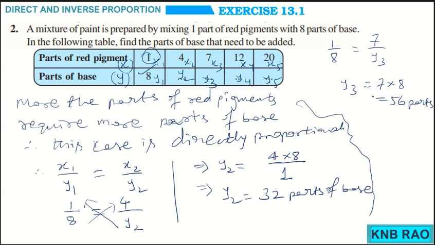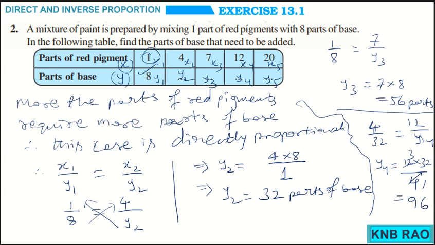Suppose, can I use 4 by 32 to find 12 upon y4? Obviously. Suppose instead of giving for 1 unit, they would have given for 4 units, then also I could find y4 is equal to 12 into 32 upon 4. 4 ones are 4, 4 threes are 12, so 32 threes are 96.